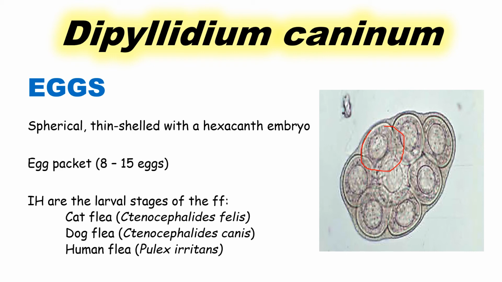Okay? So the intermediate hosts are the larval stages of the following. Okay? Cat flea, dog flea, and human flea. So please take note, these are the usual intermediate hosts.